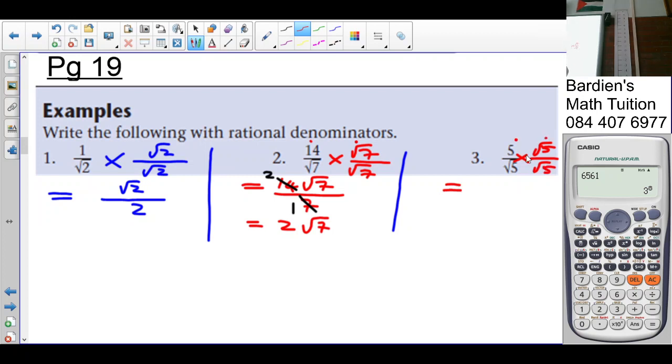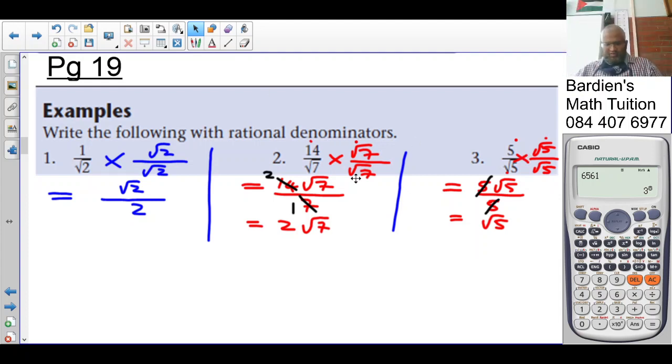So what's 5 times root 5? 5 root 5. What's root 5 times root 5? 5. So what can happen now? What can cancel? The 5s. So we are left with root 5 over 1, which is square root 5. It's easy, no? Everything in maths is easy.